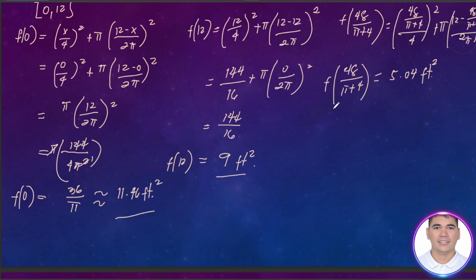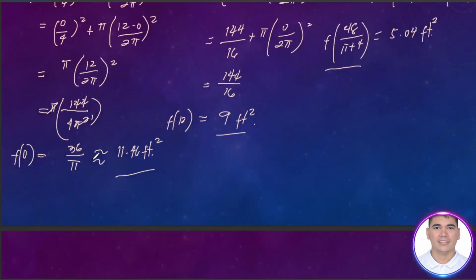And the last, f of 48 over pi plus 4, is equal to 5.04 square feet, which occurs when the wire is cut into 2 pieces. This is for the circle, this is for the square, and this is the measurement when the 12 feet wire is cut into 2 pieces.